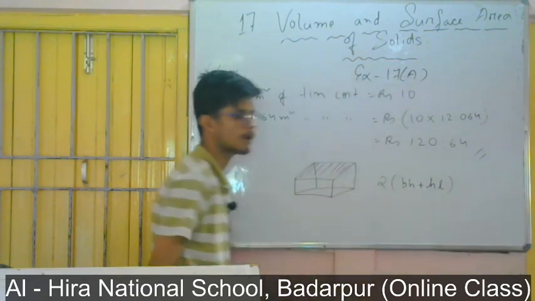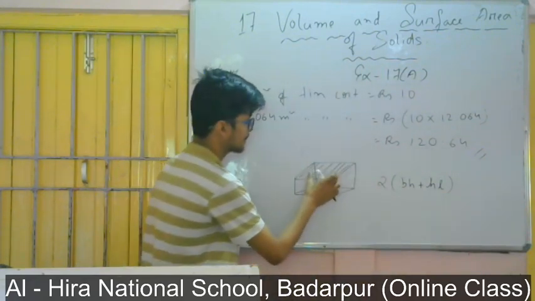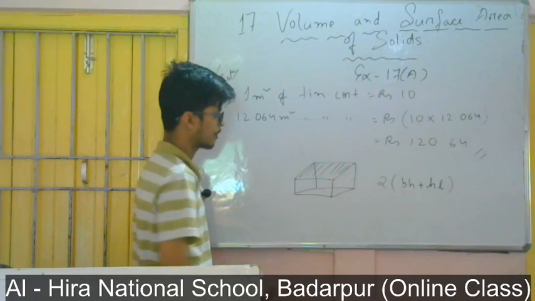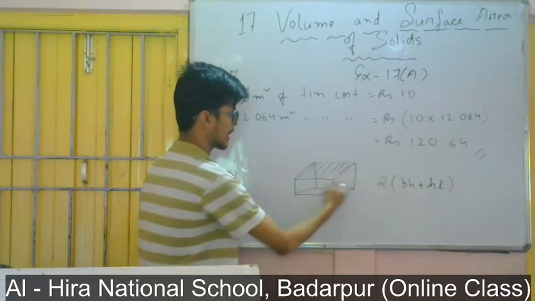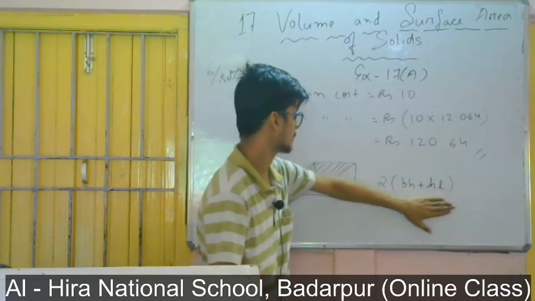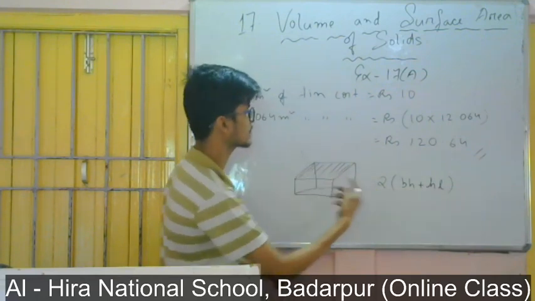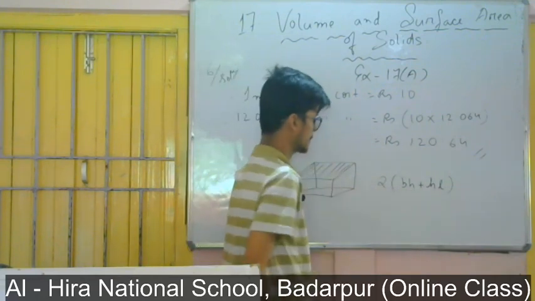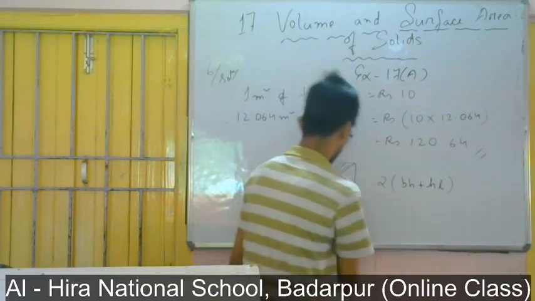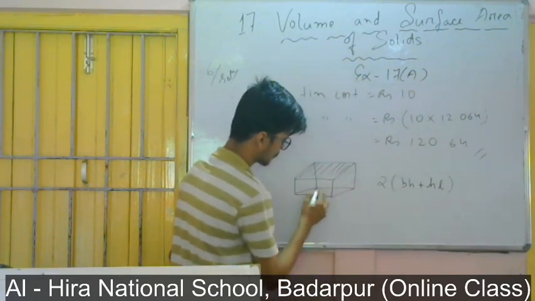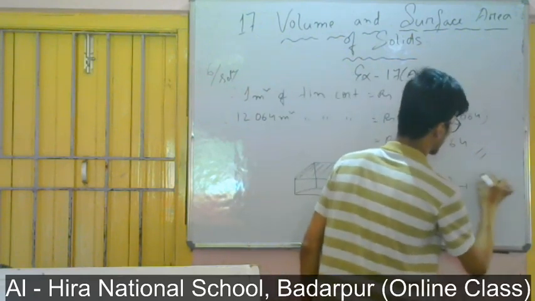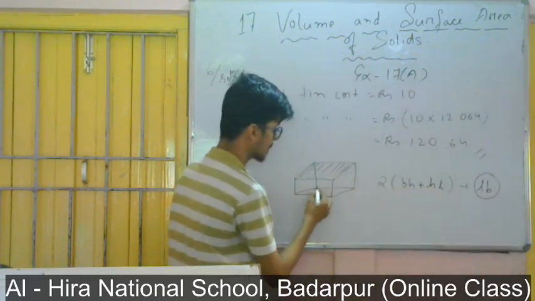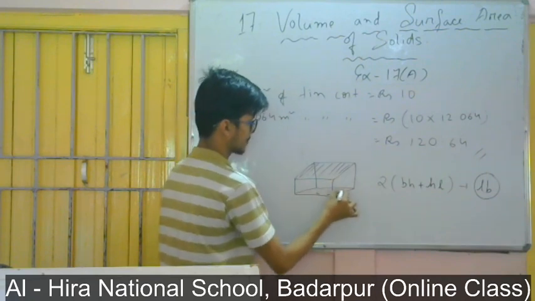If I leave the upper part, only the 4 walls and the base are left. So the surface area of the 4 walls is 2 into (BH plus HL), and the base is there, so I have to add LB, length into breadth, the area of this part also.